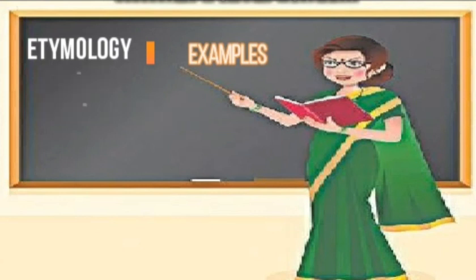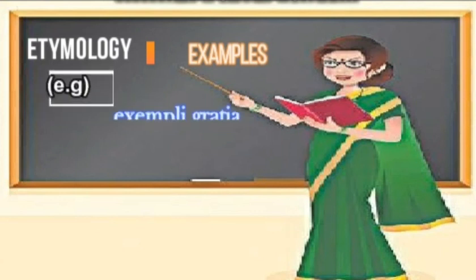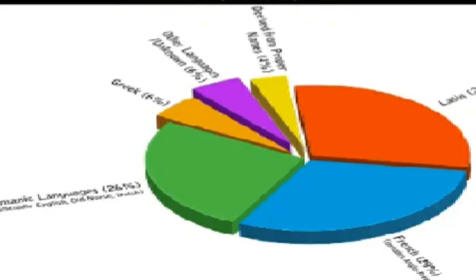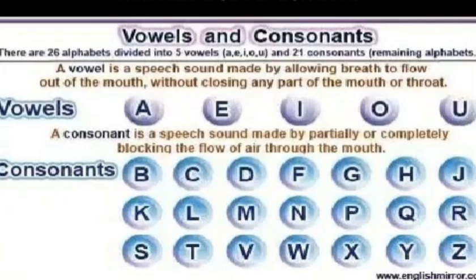How does this E.G. become "for example"? It is exempli gratia. It is also a Latin word. So many words in English come from Latin.